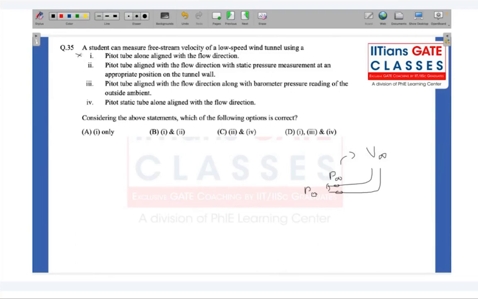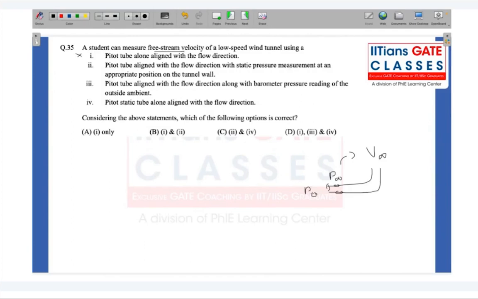A pitot tube aligned with the flow direction with static pressure measurement at an appropriate position on a tunnel wall. So here they're saying you're having a pitot tube, but then the static pressure probe is kept at some position in the tunnel wall. So that will work because your idea is to measure the free stream velocity. So the velocity everywhere is the same.